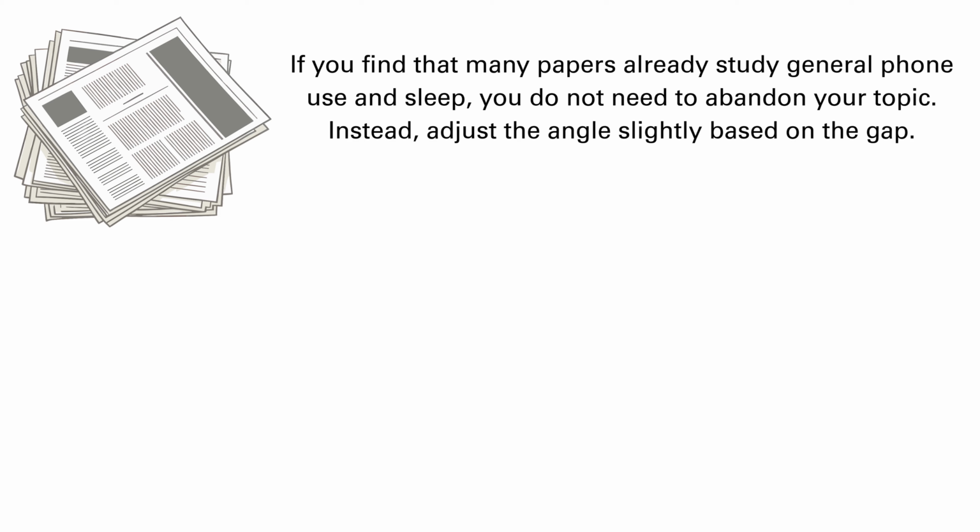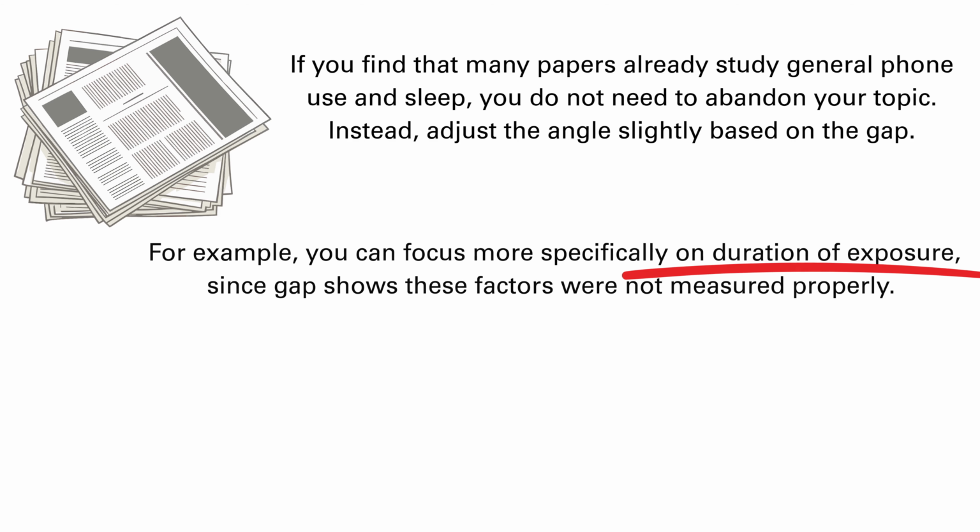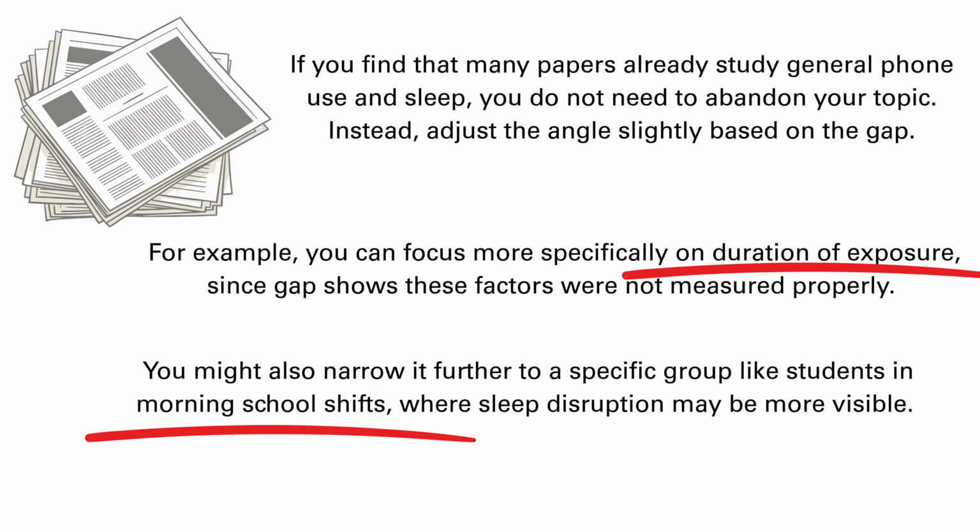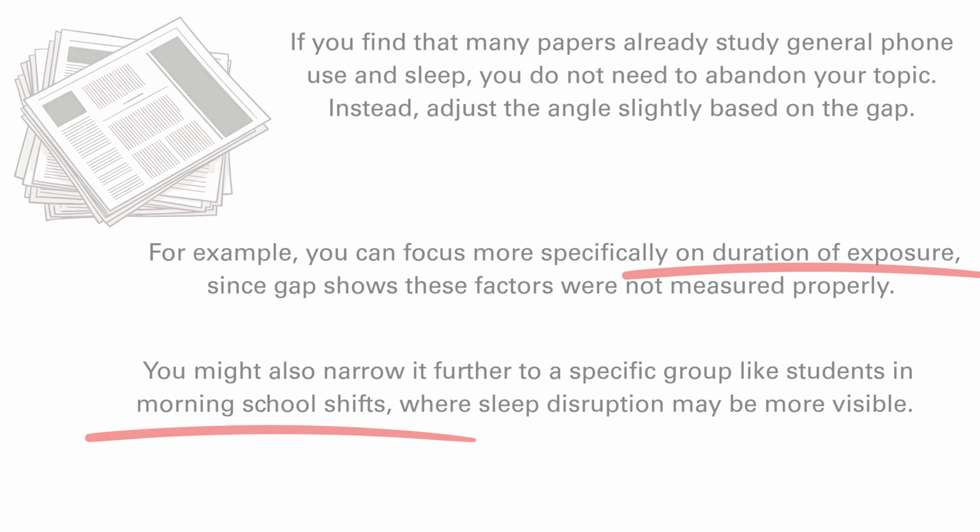Instead, adjust the angles slightly based on the gap. For example, you can focus more specifically on duration of exposure, since the gap shows these factors were not measured properly. You might also narrow it further to a specific group like students in morning school shifts, where sleep disruption may be more visible. The goal is to refine, not completely change the idea.